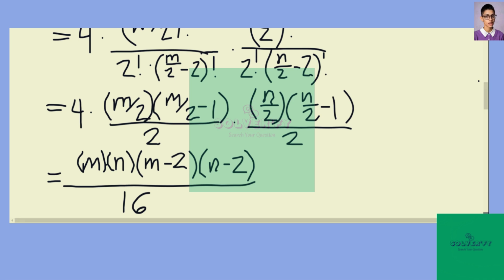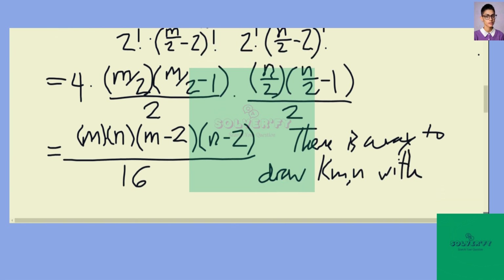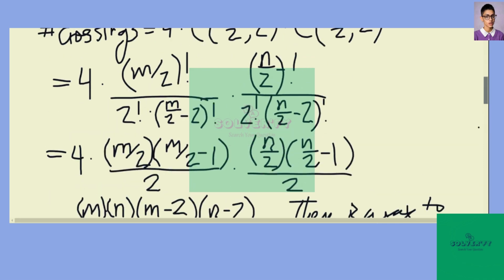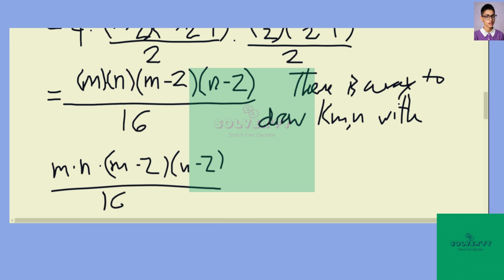And so there is a way to draw K_{m,n} with m times n times (m minus 2) times (n minus 2) over 16 crossings.